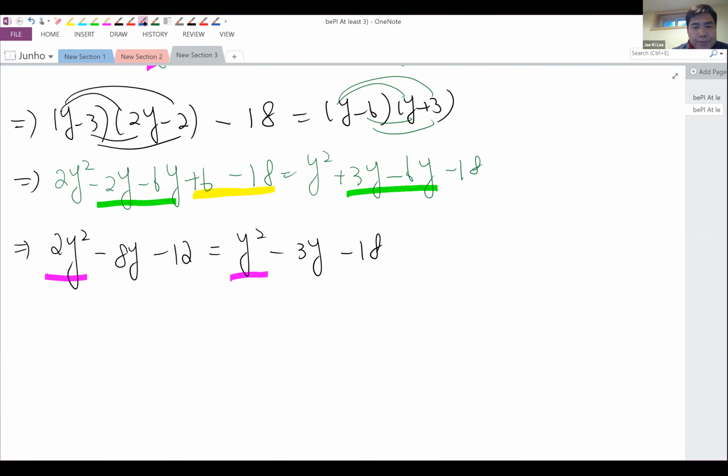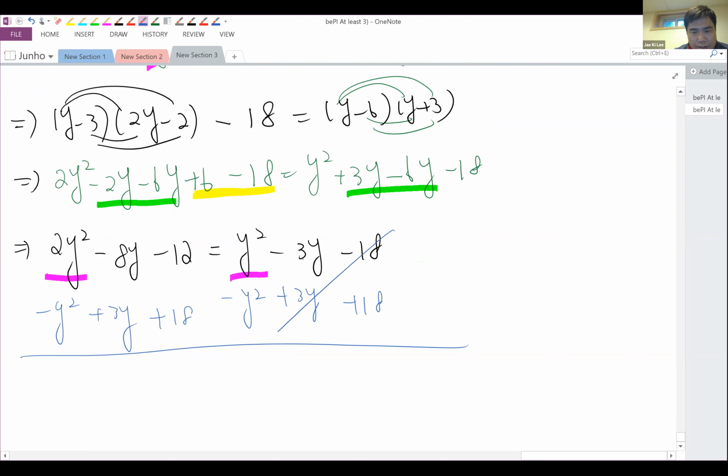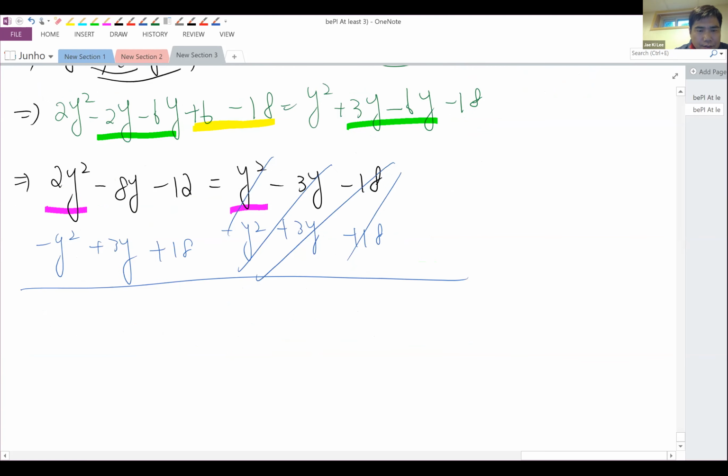So minus y squared, plus 3y, plus 18. Then this is gone. So that becomes y squared minus 5y plus 6 equal to 0. Am I calculating correctly? Mm-hmm.